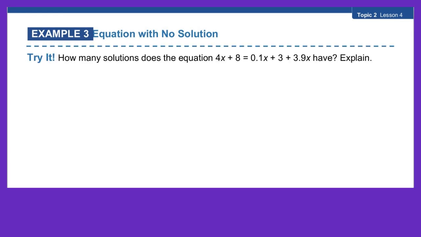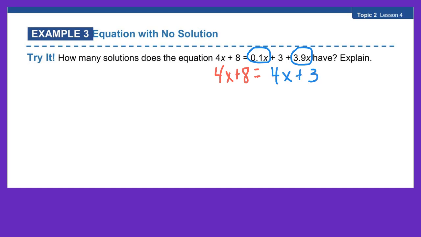This is the try it at the bottom of page 109. It says, how many solutions does the equation 4x plus 8 equals 0.1x plus 3 plus 3.9x have? All right, kids, let's go for it. 4x plus 8 on one side. Let's go ahead and combine some like terms. 0.1x and 3.9x makes 4x, and 3 on the other.